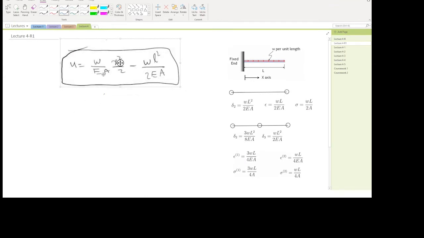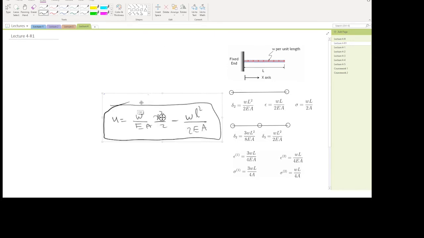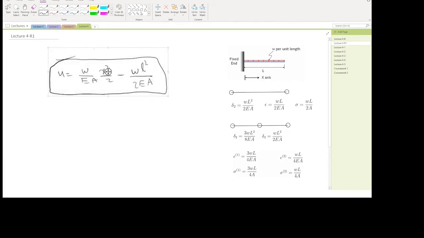So if you look into this expression here, at u or at x is equal to 0, now you need to be careful because here x is starting at this end, whereas in this analytical solution, we have x is starting here. So the numbers should be negative.